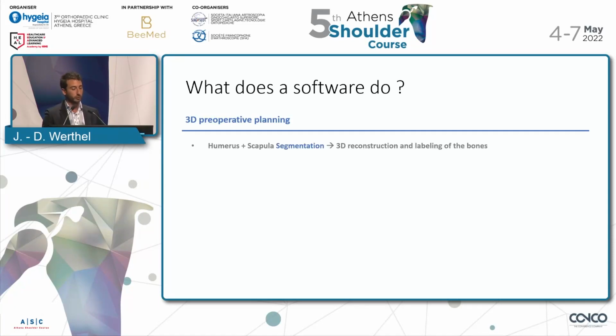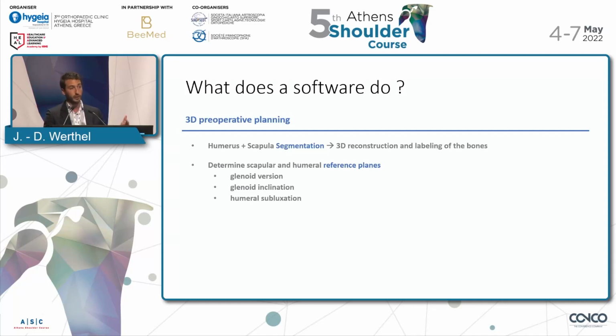So what does the software do? The software first is going to recreate the humerus and the scapula in 3D, reconstruct the bones and label them, not only have a 3D image, but identify which is which. Then you need to identify all these measurements that Peter presented, and for this we need reference planes, and this is where the software differ a little bit, and this is what I'm going to try and clarify in this talk.